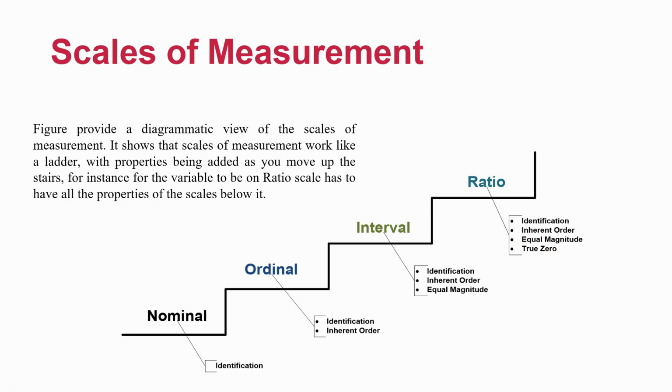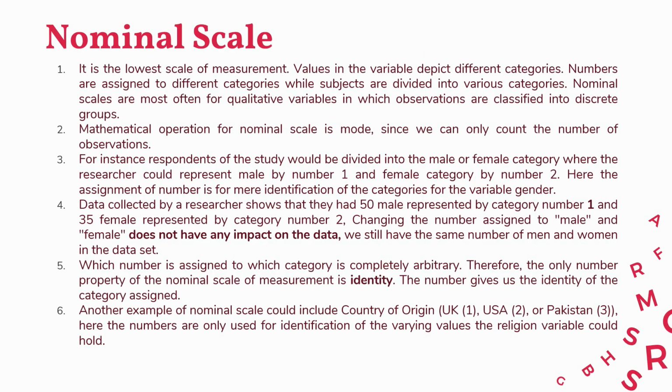Now, what's nominal scale? It is the lowest scale of measurement. Values in the variable depict different categories. This is an important point that one should note, that before assigning any variable a scale of measurement, whether it's nominal, ordinal, interval, or ratio, one should clearly know what values this variable will hold.